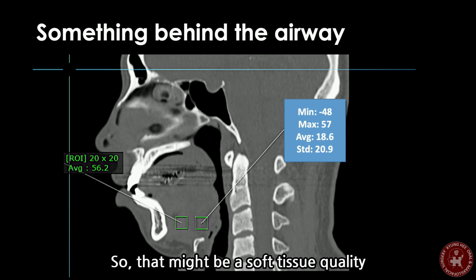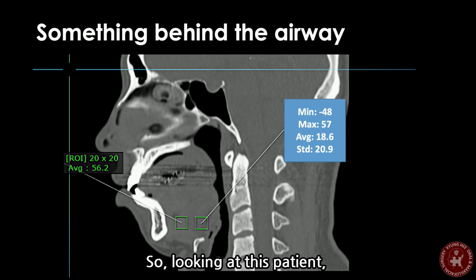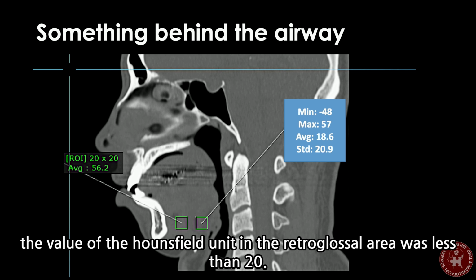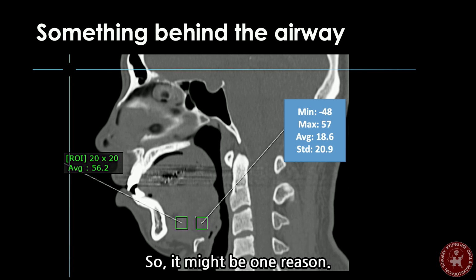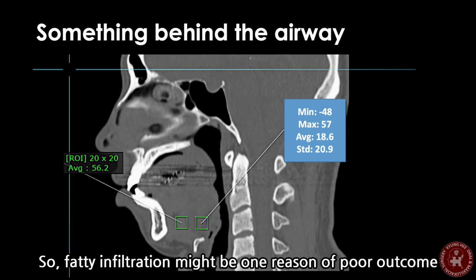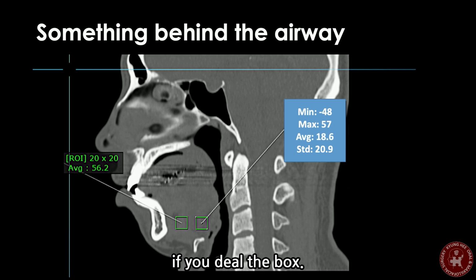So that might be the soft tissue quality around the airway. So looking at this patient, the value of the Hounsfield unit in the retroglossal area was less than 20. So it might be one reason. So fatty infiltration might be one reason for poor outcome if you did a back surgery.